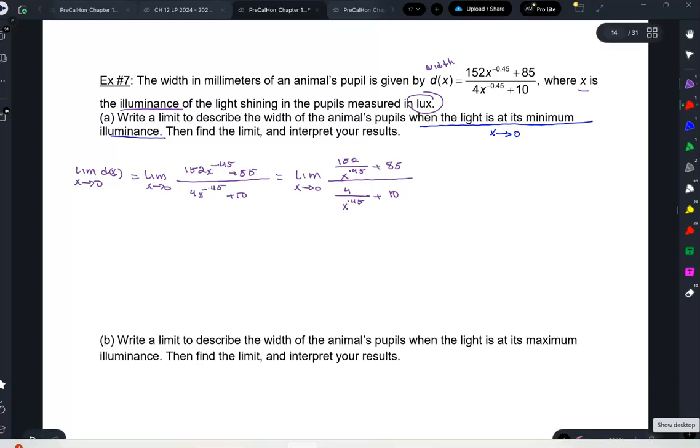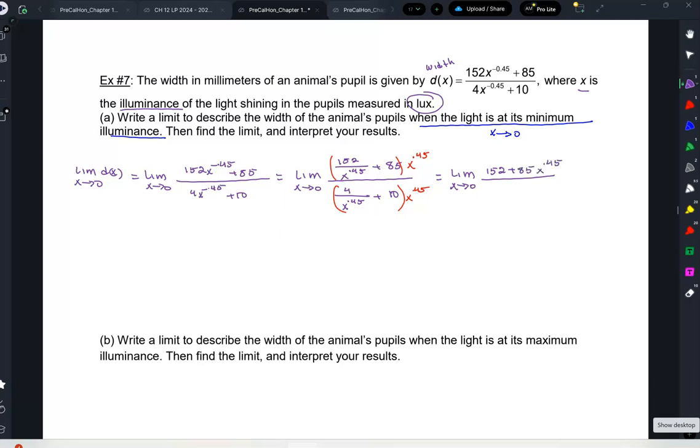So look at this. We can multiply the top and the bottom by the LCD of all the denominators. In this case, it's x to the power of 0.45. So this will be the limit as x approaches 0 of 152 plus 85 x to the 0.45, over 4 plus 10 x to the 0.45.